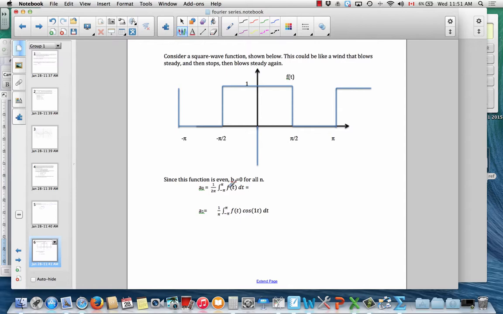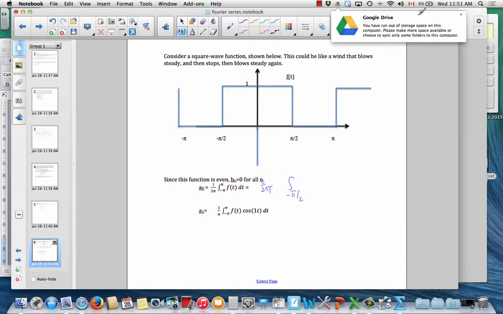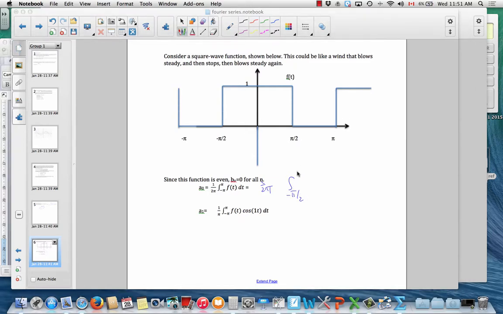a0 has a slightly different definition. We integrate the function from minus pi to pi, times just 1, which is cosine of 0, I suppose, and then you divide by 2 pi. Now, this is a pretty easy function to integrate because you're just going to be integrating from minus pi over 2 to pi over 2 because it's 0 everywhere else.